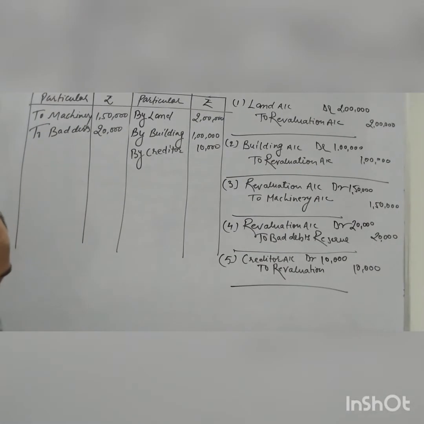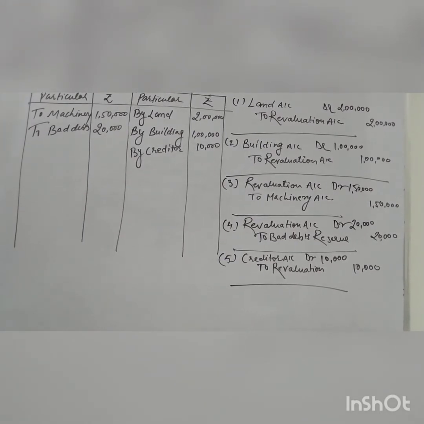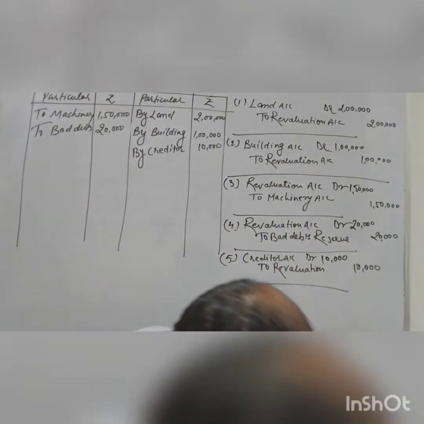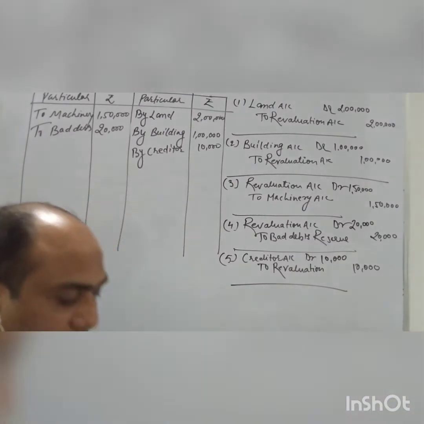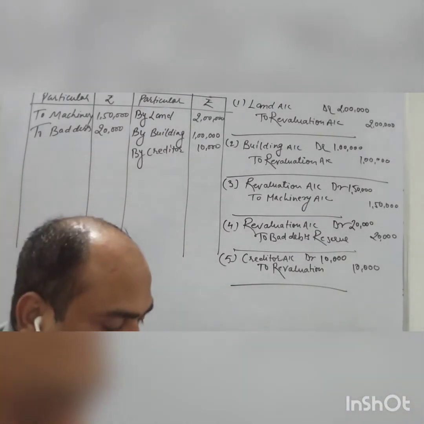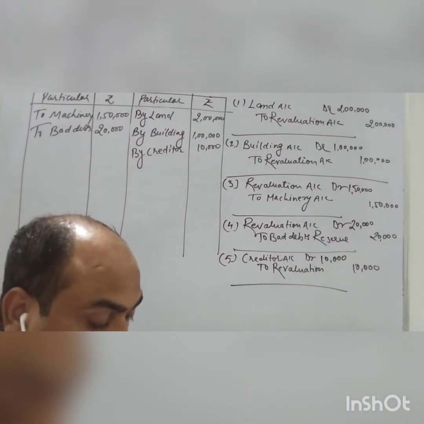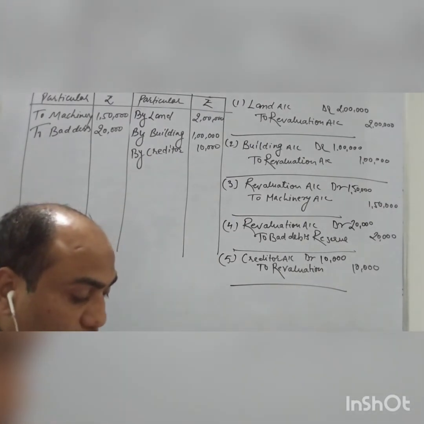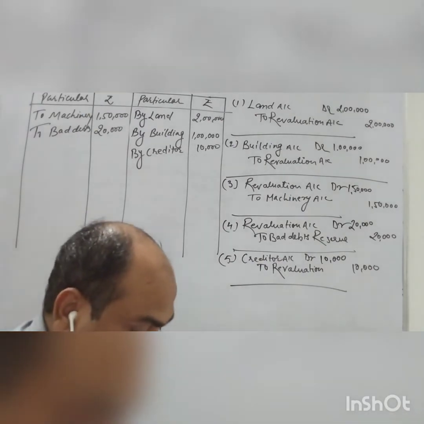Now our next adjustment is income receivable amounting to rupees 5,000 and outstanding expenses rupees 3,000, which are to be recorded. Okay.